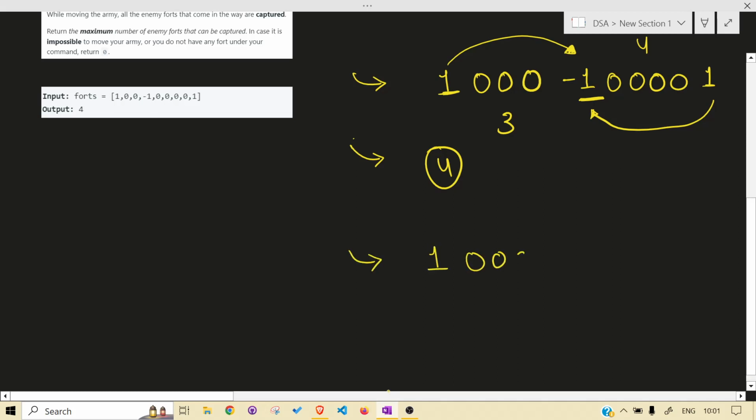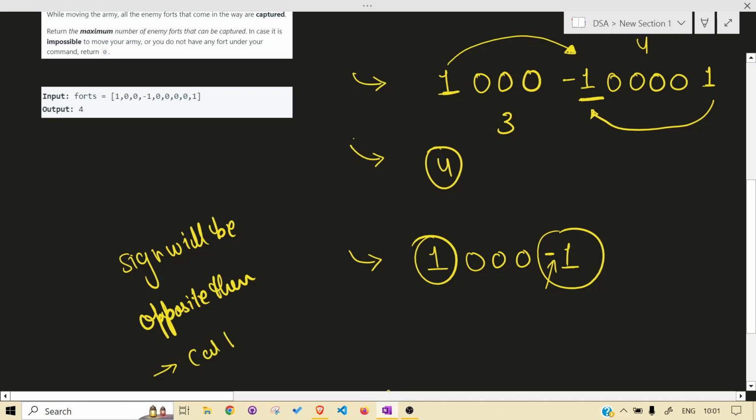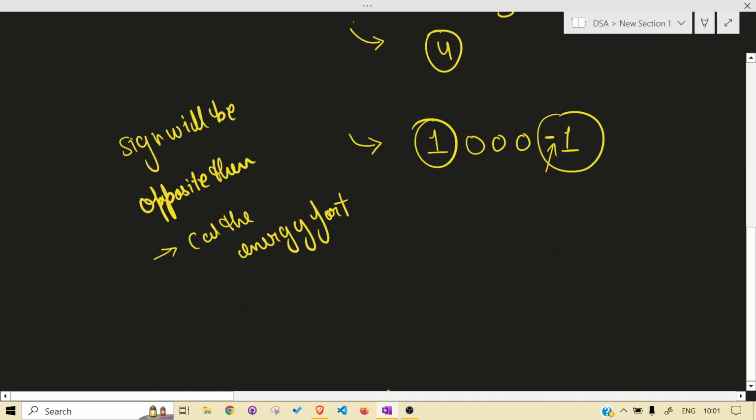So this much is very clear that whenever the value, not the value, the sign will be opposite, then we will calculate the enemy forts captured.